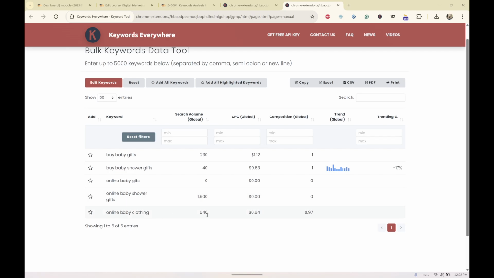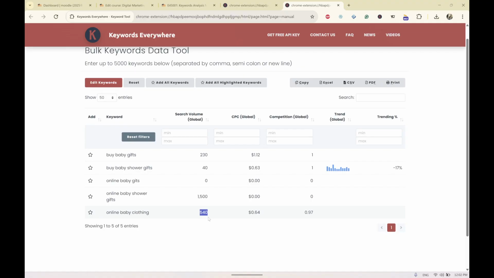So online baby clothing. Okay, there are some businesses bidding on this keyword, online baby clothing, and there is a very high CPC. Why? Because this means that you are actually ready to buy online. You are very much ready to buy online, and you are an online purchaser.